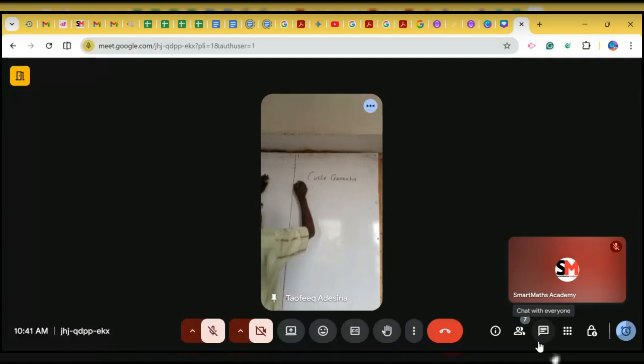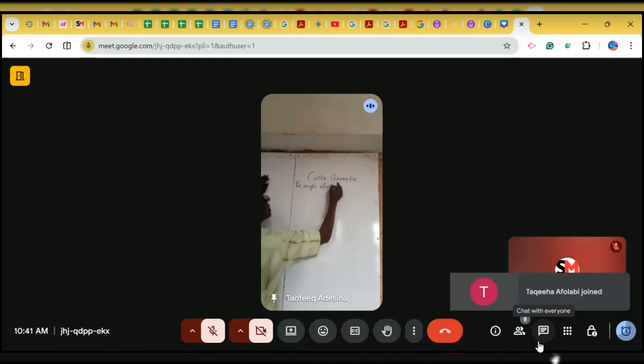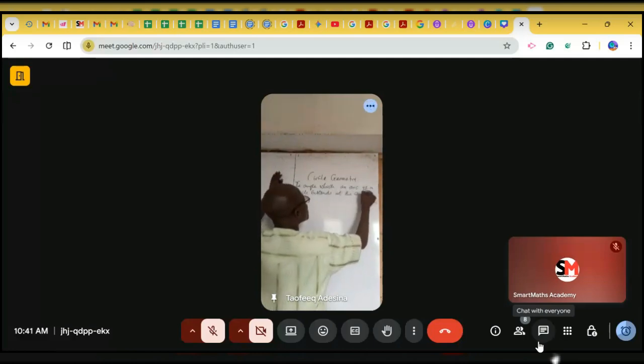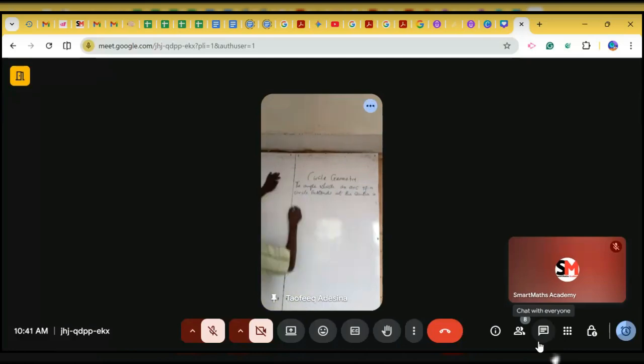The next theorem: the angle which an arc of a circle subtends at the center is twice which it subtends on the remaining part of the circumference.